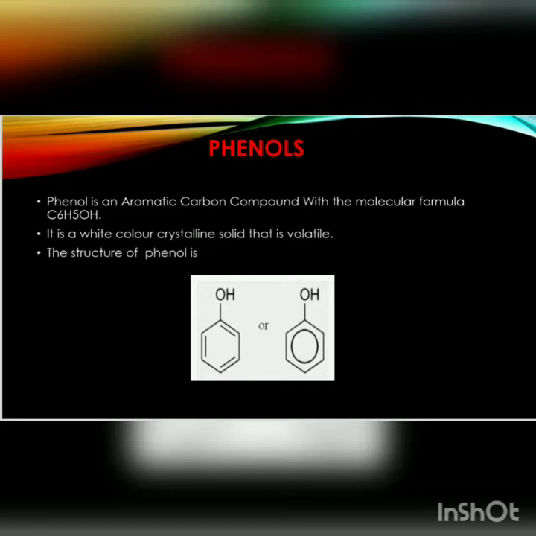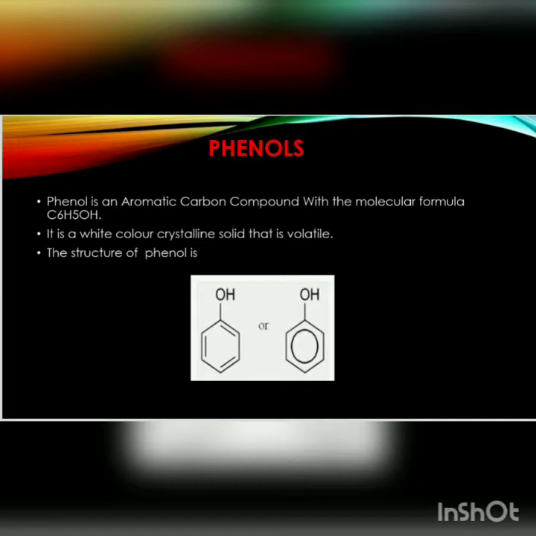Phenols are aromatic hydroxy compounds. For example, phenol, 1-naphthol, cresol, that is orthocresol and metacresol, 2-naphthol or beta-naphthol. These are the examples for phenols. The common example in this class is phenol, the formula of the compound is C6H5OH.